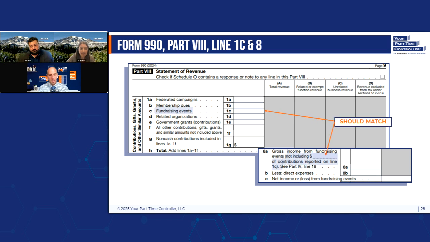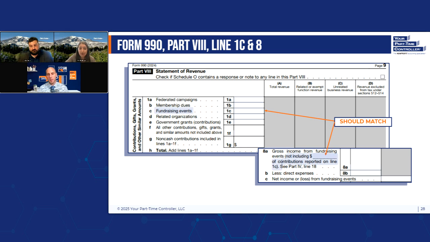Here, note there's a little line that often gets overlooked on line 8, in parentheses, that says not including whatever amount of donations are reported up on line 1c. That's where you need to add these 2 items together. Take the item on line 1c for your donation items, add it to your net special event number on line 8c, and that's your total net income from that special event.